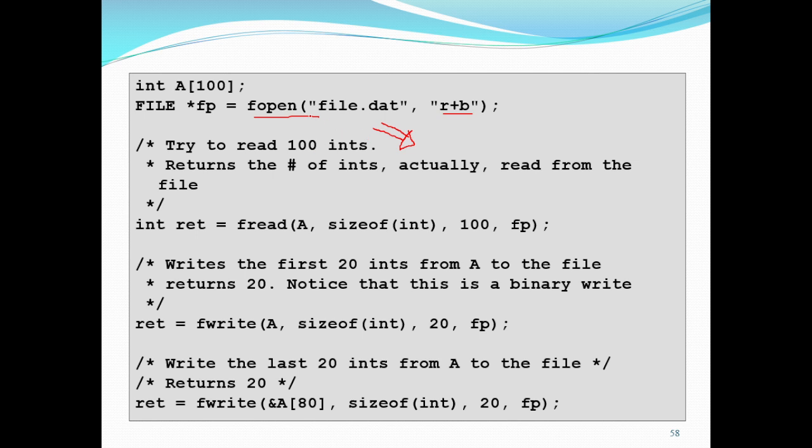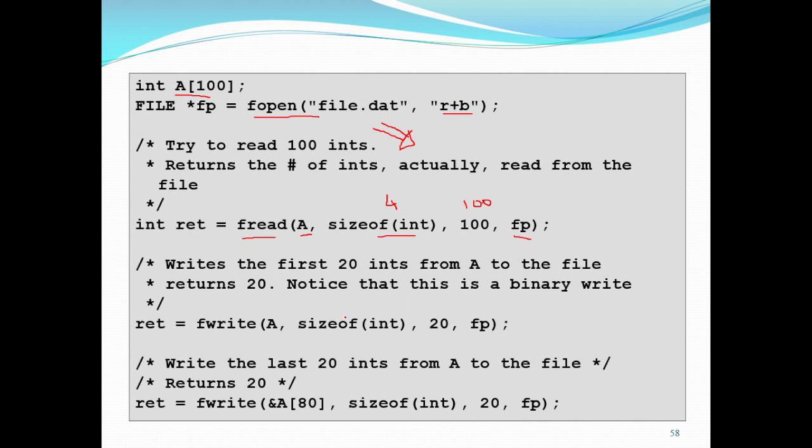If there is an error, we are not able to read anything or write anything to the file, right? So first of all, we are reading into A, which is my array, with 4 bytes per element, and then we are trying to read 100 integers, from this file pointer. That means I'm able to read 100 integers in a block in one read function.